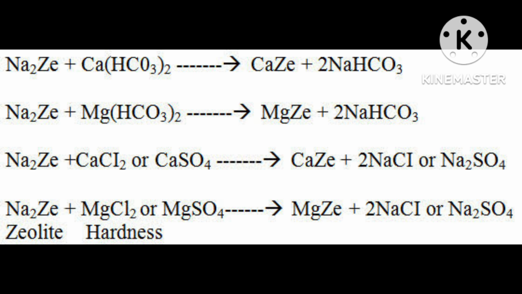It is therefore, the water I am talking about, unsuitable for laundry. Hard water is not suitable for washing cloth. It is also harmful for boilers because of deposition of salts in the form of scale.